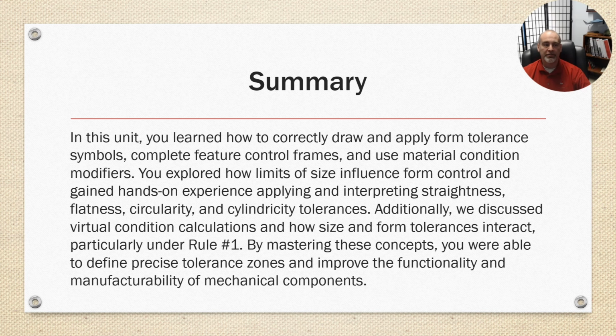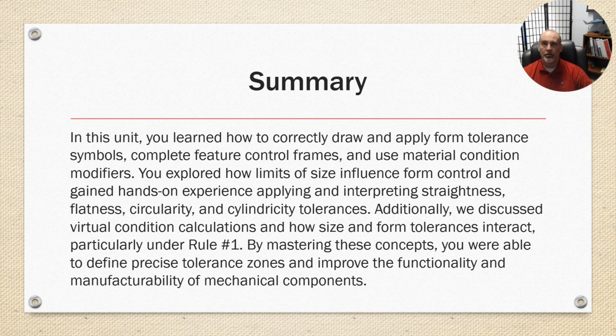All right, that's it for this presentation and summary of this unit. You learned how to correctly draw and apply form tolerance symbols, complete feature control frames, and use material condition modifiers. You explored how limits of size influence form control and gained hands-on experience applying and interpreting straightness, flatness, circularity, and cylindricity tolerances.